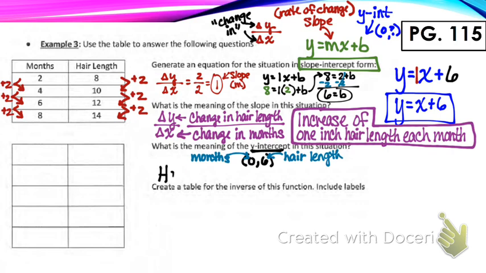So the hair started at, because 0 months would be the beginning, 6 inches long. Hair started at 6 inches long.